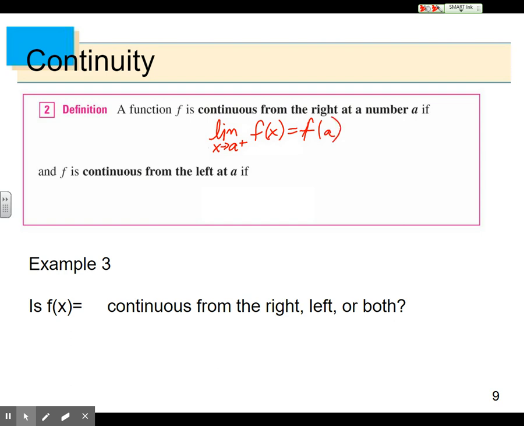So we added a little stipulation right there. We're not saying that the limit necessarily has to exist, just the right-hand limit has to exist. So the right-hand limit has to go into a unique number. It can't oscillate wildly or anything like that.